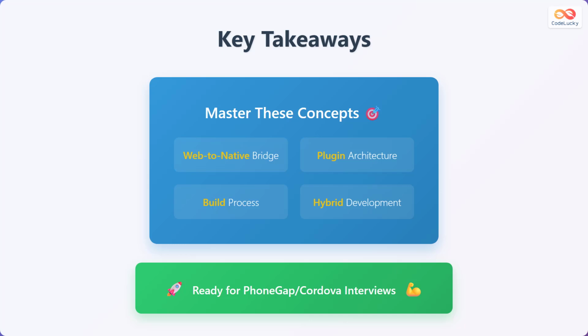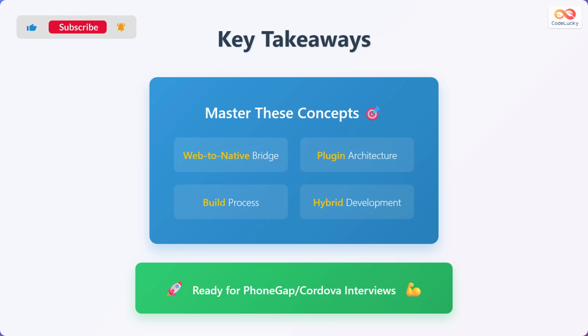To excel in PhoneGap and Cordova interviews, you must master 4 key concepts. First, understand the web-to-native bridge and how it enables communication between JavaScript and native device APIs. Second, grasp the plugin architecture, including how to install, configure, and use both core and third-party plugins to extend app functionality. Third, comprehend the build process from preparing and compiling to packaging and deploying applications across different platforms.